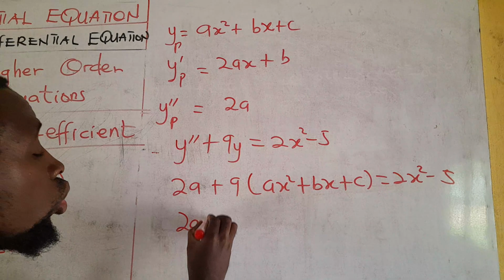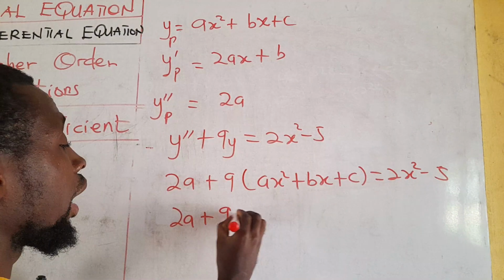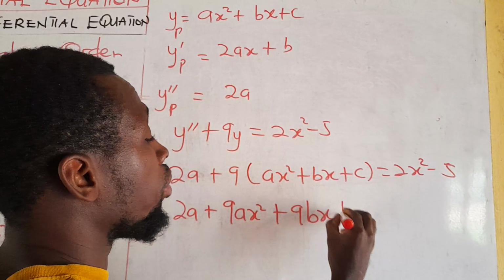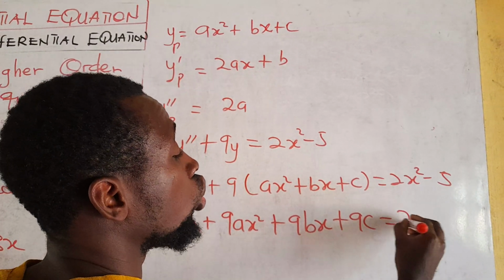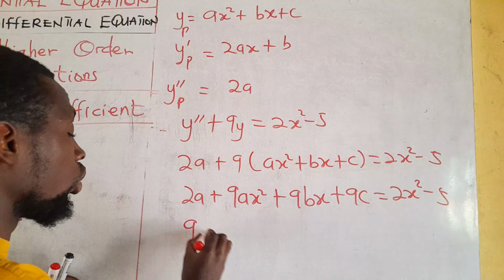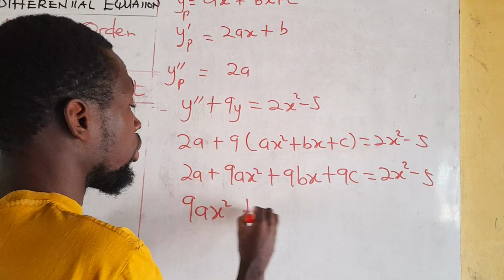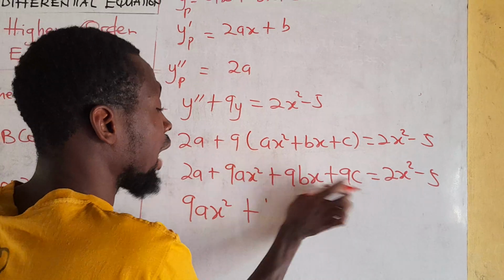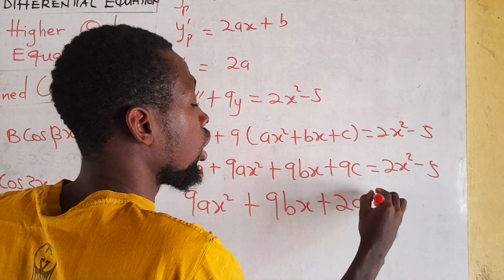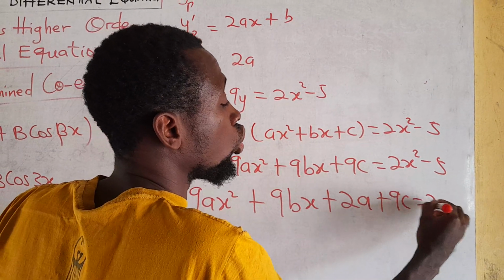When we expand that, we get 2a + 9ax² + 9bx + 9c = 2x² − 5. Now we arrange, we get 9ax² + 9bx + (2a + 9c) = 2x² − 5.